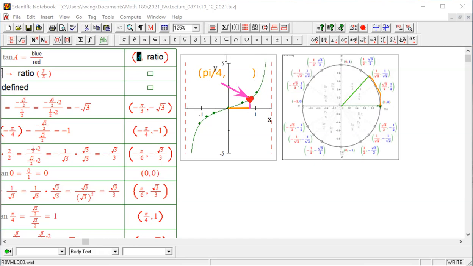And the ratio, I'm going to write it this way. The ratio of blue divided by red. I hope this way will make the maximum connection.